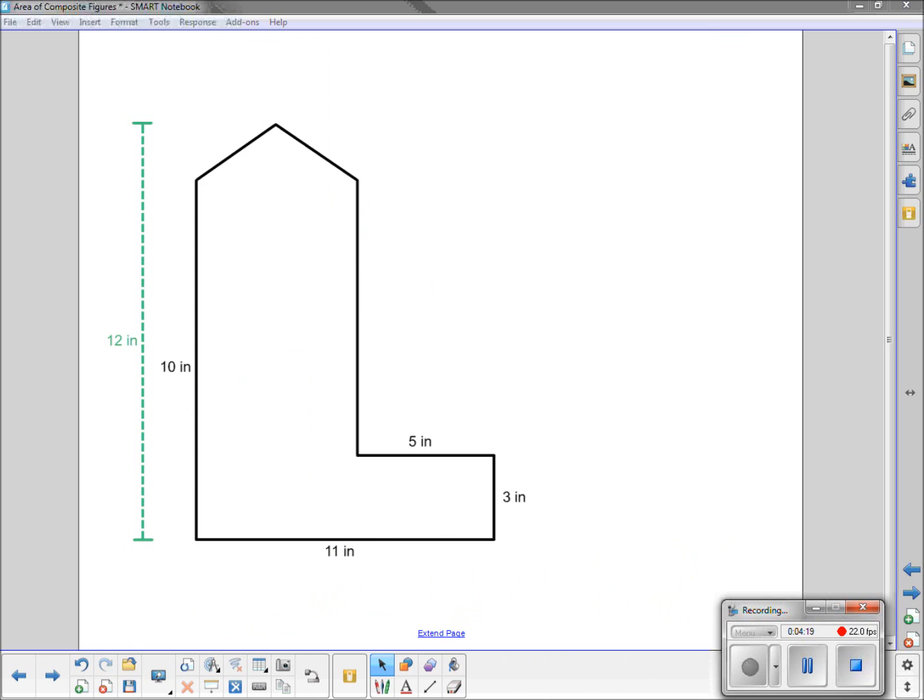This next example is similar in that the shape looks sort of the same. The difference, though, is that I will have to break this polygon into even more pieces. In this problem, I decided to break this polygon straight down here at the bottom, and I also decided to break across the top.